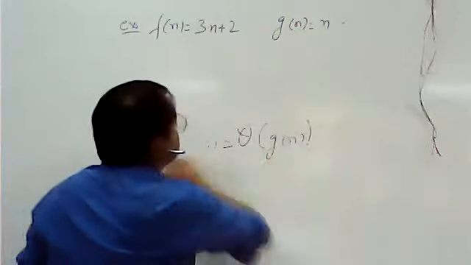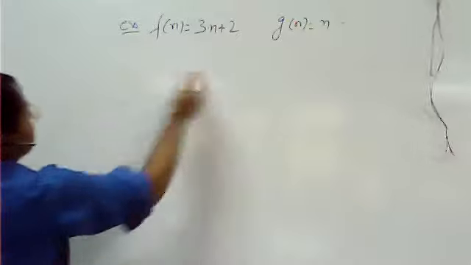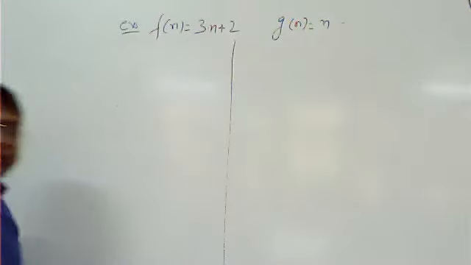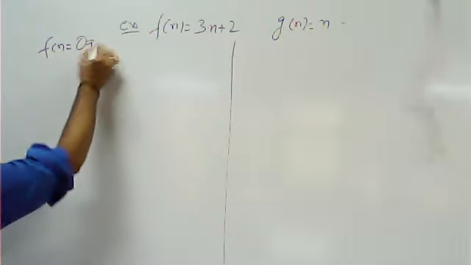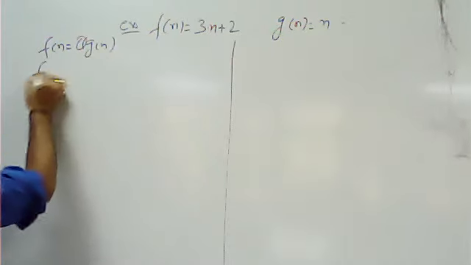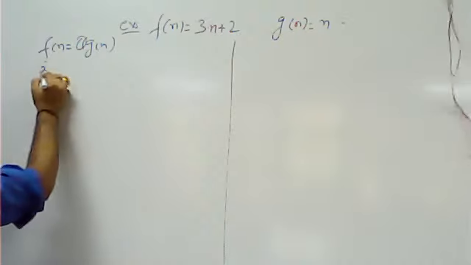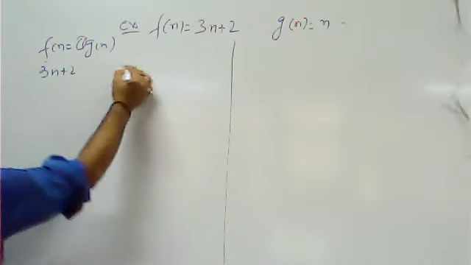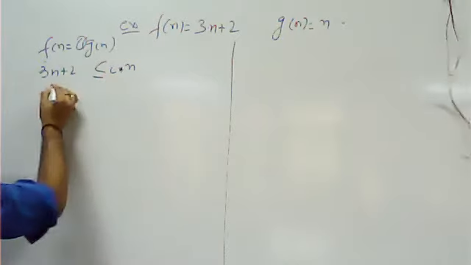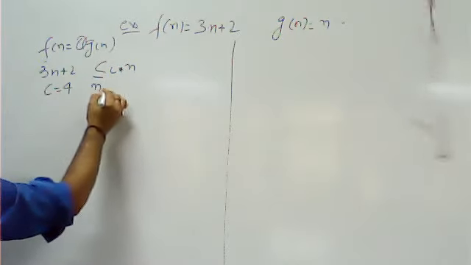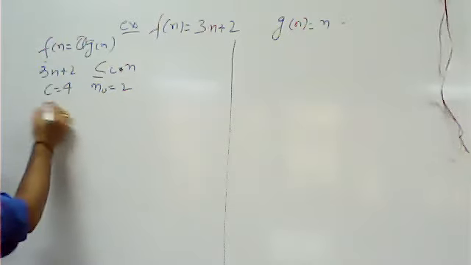So now what we have to do? We have to prove first Fn is equal to order of Gn. So Fn is 3n plus 2 and Gn is n. So it must be less than or equal to C into n. C is equal to 4 and n0 is equal to 2. We have already seen that.